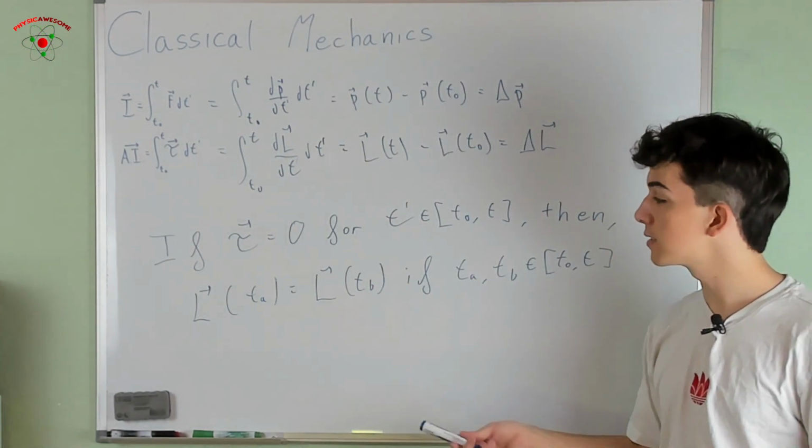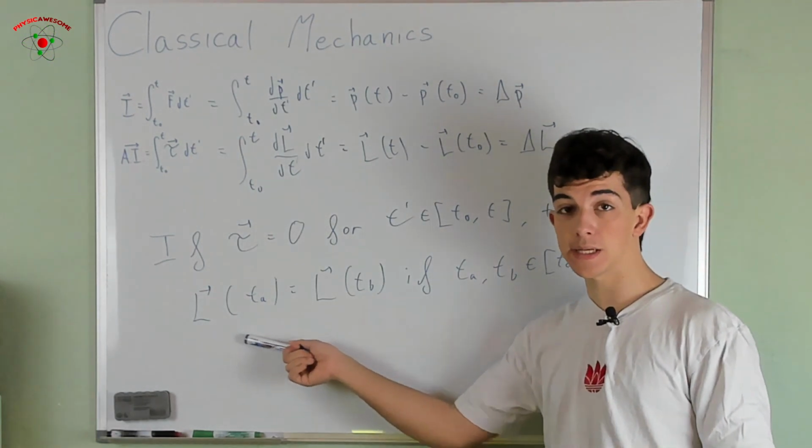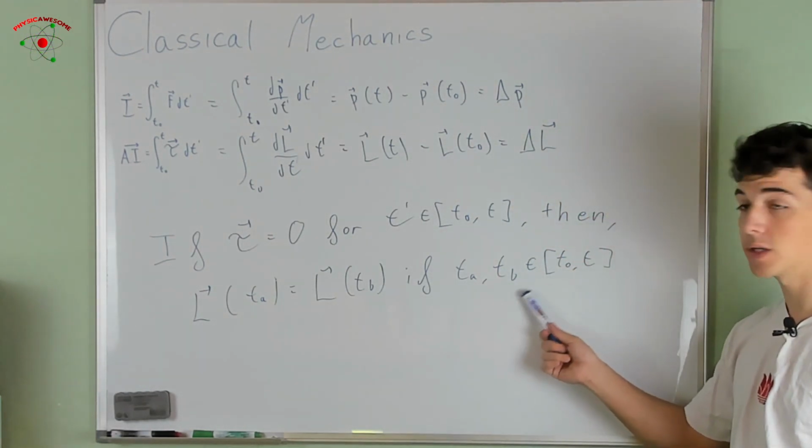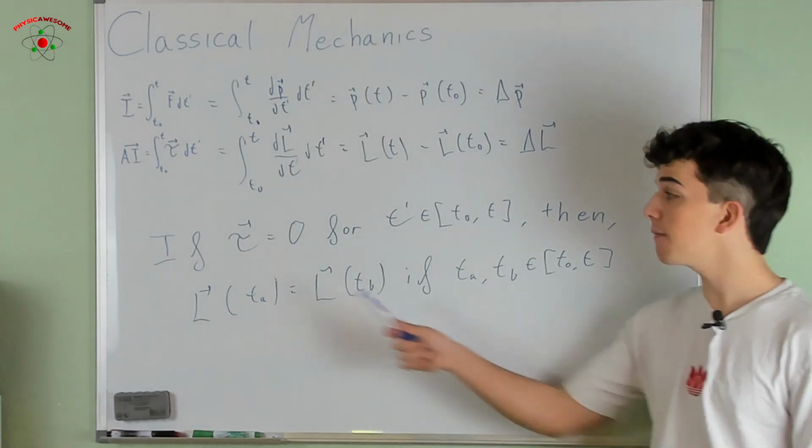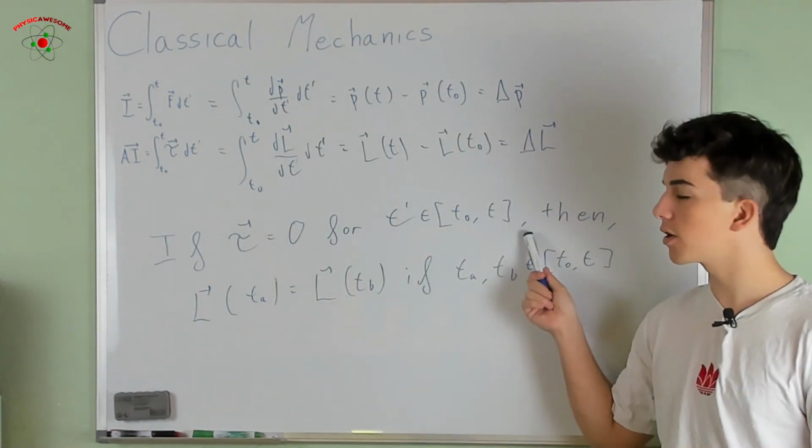So this implies that the angular momentum is equal at every point in this interval if the torque is zero for the entirety of the interval.